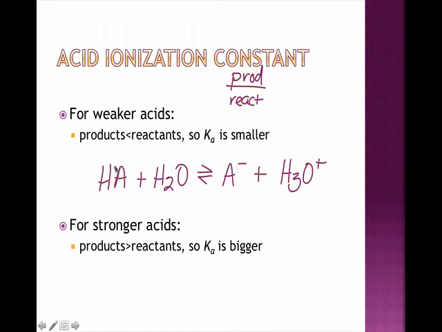So the more these acids ionize, the stronger they are, the greater the concentration of your products is. And the higher the concentration of the products, the bigger your value is going to be when you divide these. So the stronger your acid, the more products you have, and the bigger your Ka is going to be.